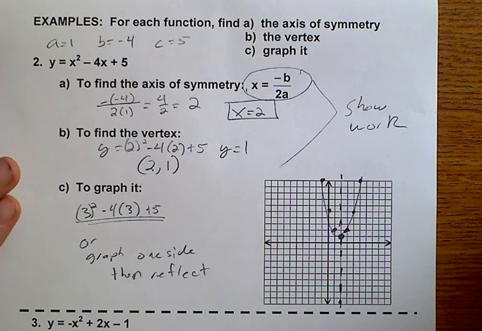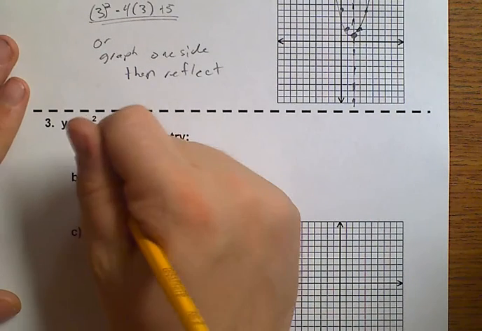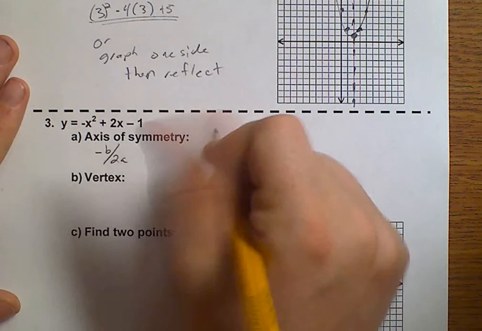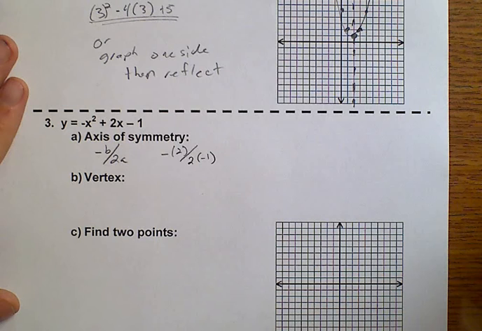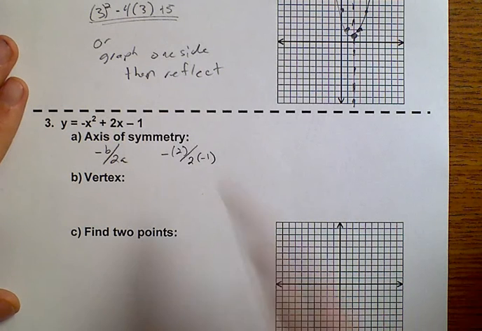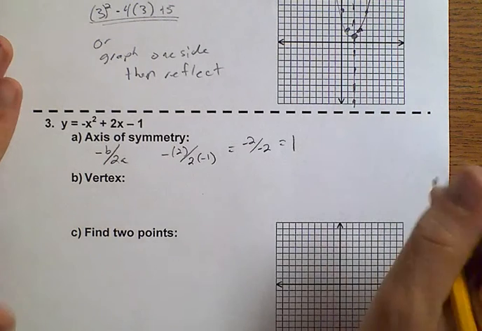Alright. Moving on to example number 3. My axis of symmetry is negative b over 2a. So it'd be negative 2 over 2 times negative 1, which is negative 2 over negative 2, which is just 1. So x equals 1.